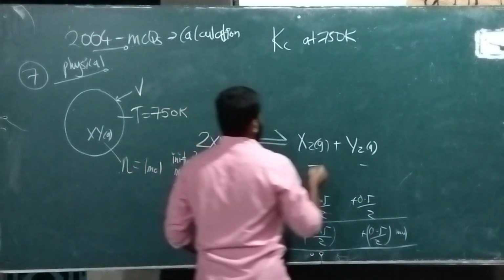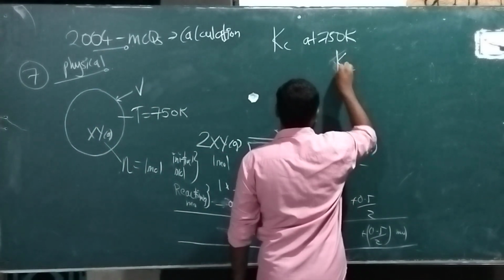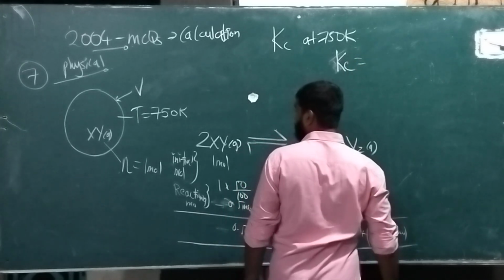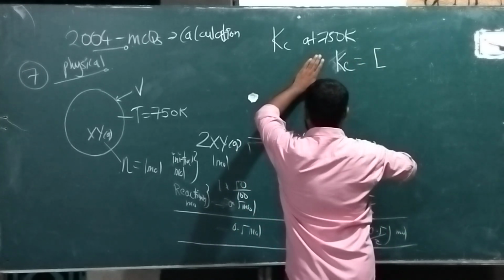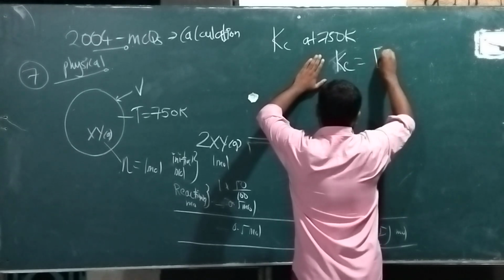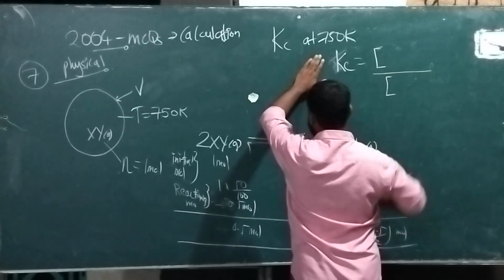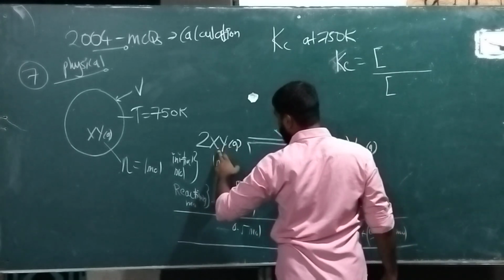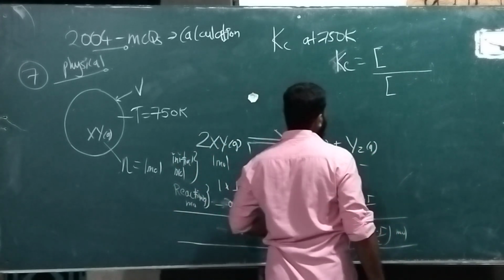Kc of a system is actually equal to the product of the concentrations raised to the power of their stoichiometric ratios, over the reactants' concentrations raised to the power of their stoichiometric ratios.